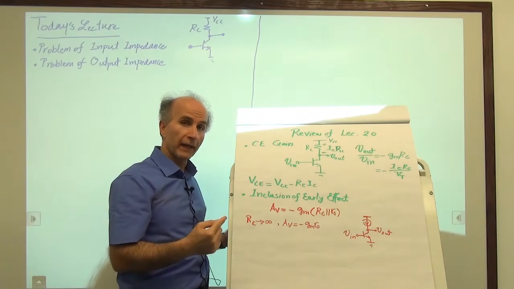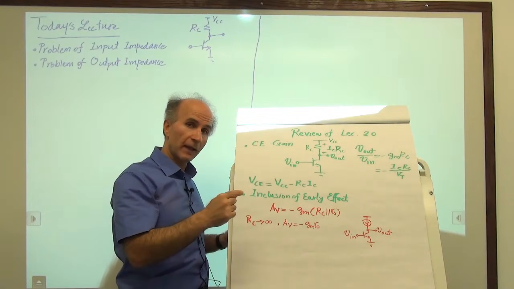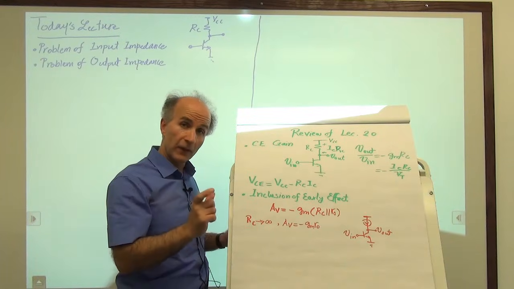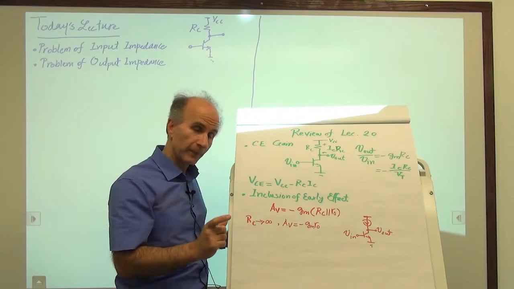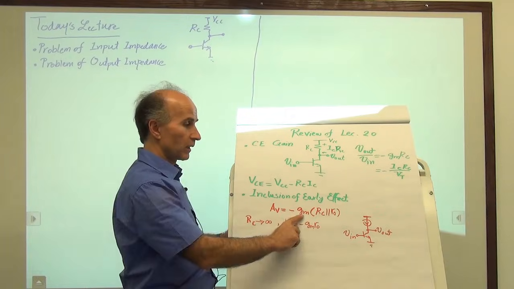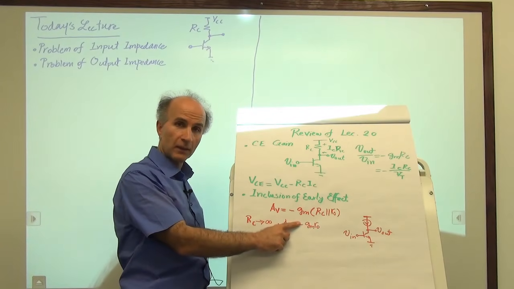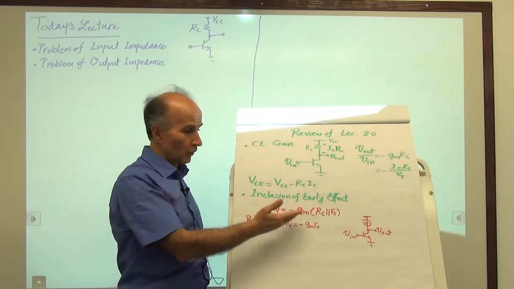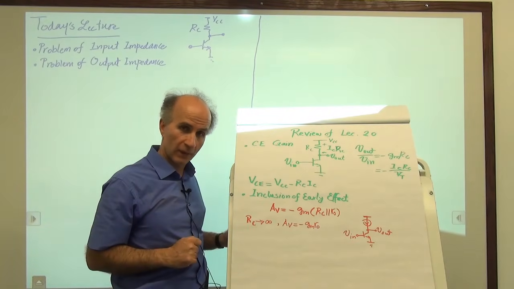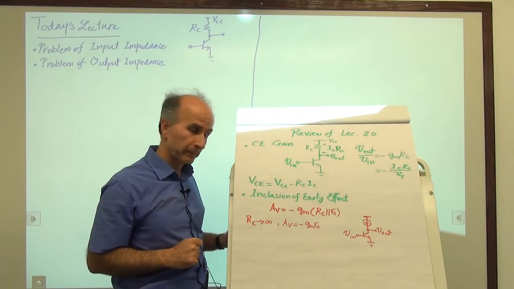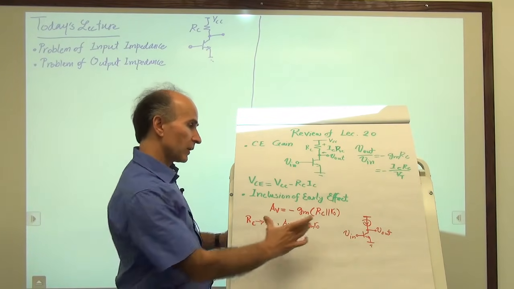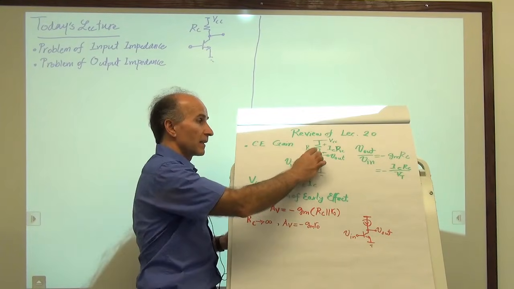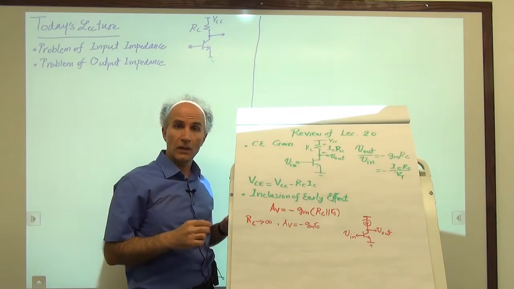So now we have RC from collector to AC ground, and we have RO from collector to AC ground, and these two resistors are in parallel. So the voltage gain has to be revised to this expression. We can write the equivalent circuit again and do the calculations, or we can just use intuition to understand what the result should be.